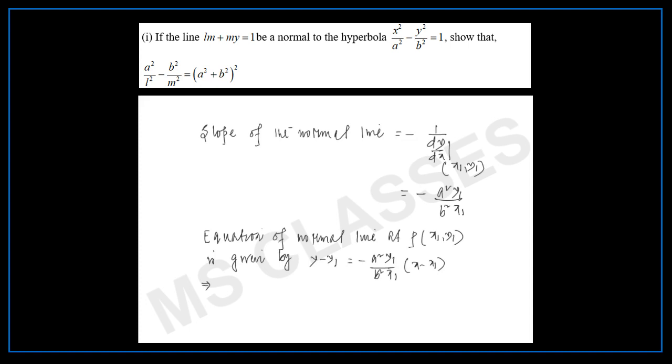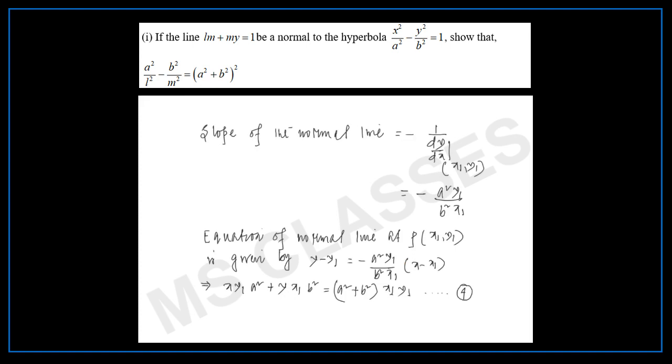And from this simplification we get x y1 a square plus y x1 b square equal to a square plus b square into x1 y1, which we have got on simplifying the above equation. Now we take this equation as equation 4.